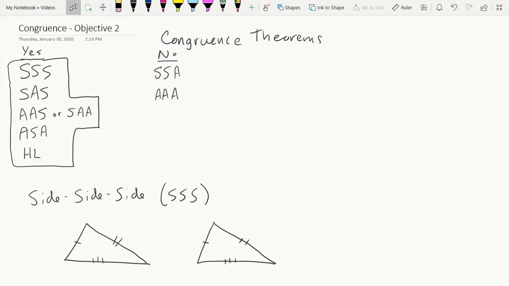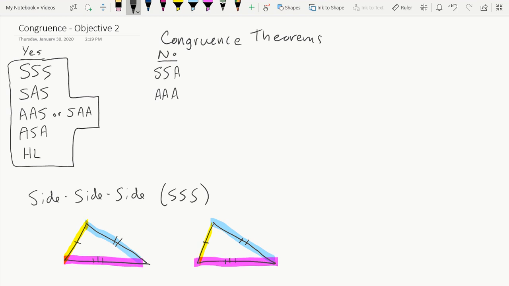What those marks mean is that these two sides are congruent. They're the exact same length. These two sides are congruent, the exact same length. And these two sides are congruent, the exact same length.